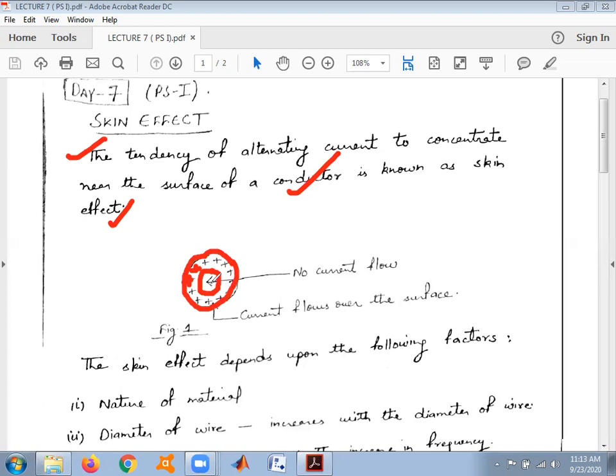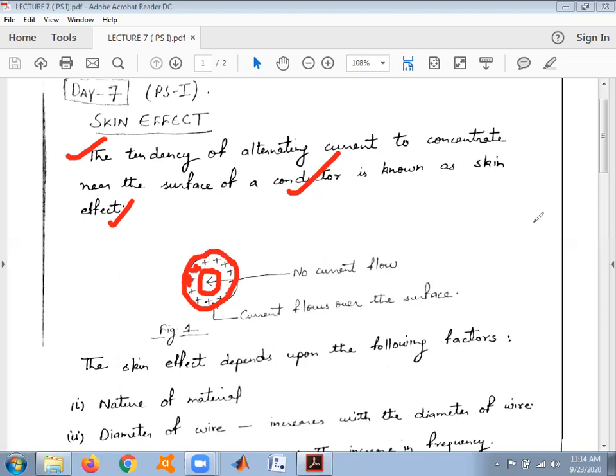So instead of flowing through the inside of the conductor, it starts flowing over the surface, and this effect is known as skin effect. Whereas with a DC supply, the current is uniformly distributed along the whole cross section of the conductor.